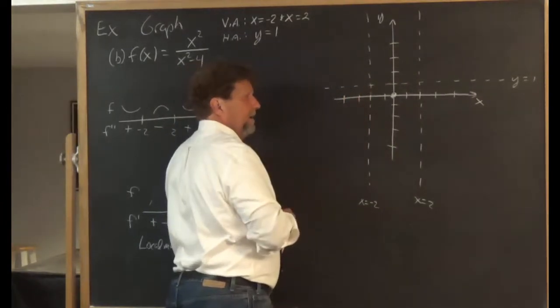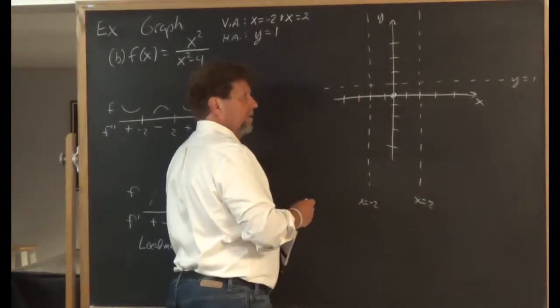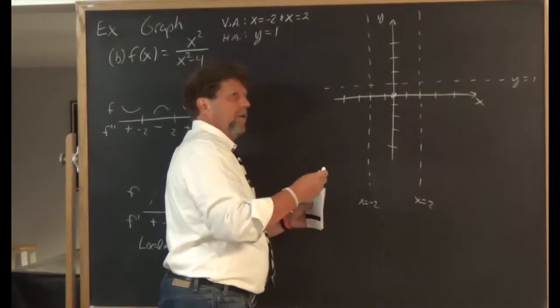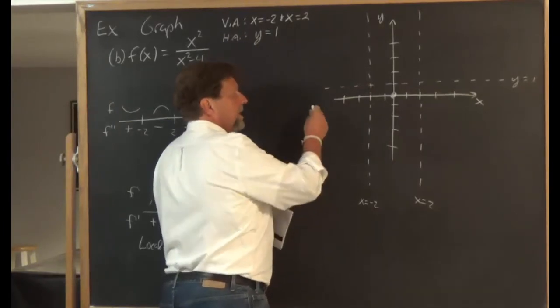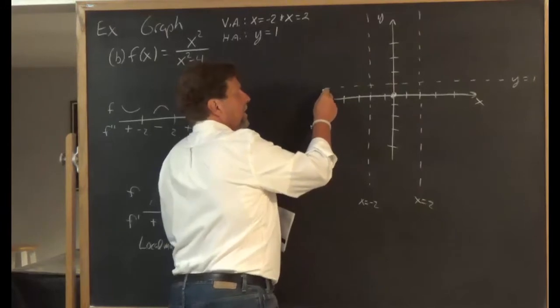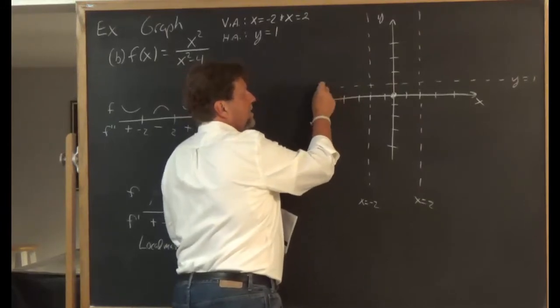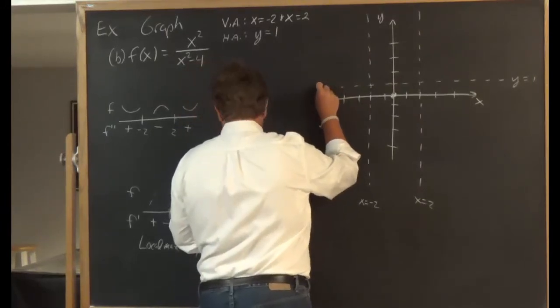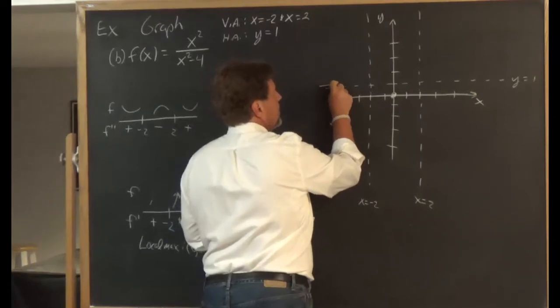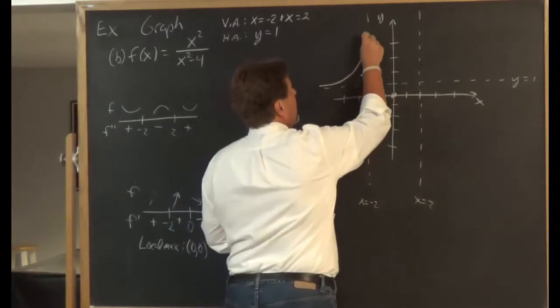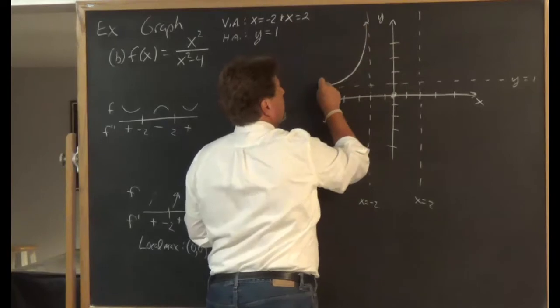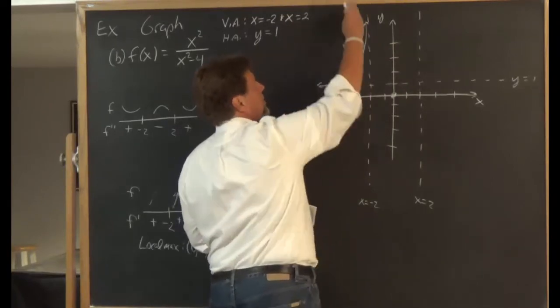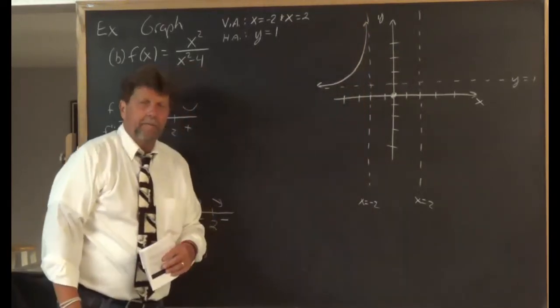I know there are no x-intercepts. The graph has to start by hugging the horizontal asymptote. We're increasing, and we're concave up. And that's the meaning of a vertical asymptote. It's going to be shooting off to infinity.